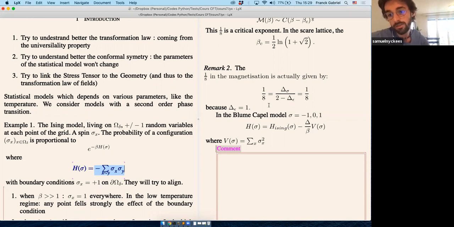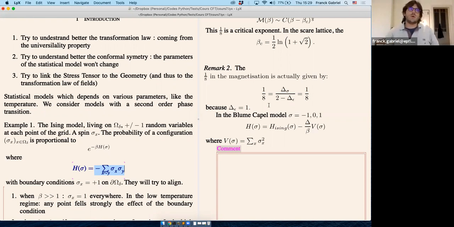It seems like there are only two. Typically, if you take a statistical model and there is a second order phase transition, you know that there will be a CFT behind.